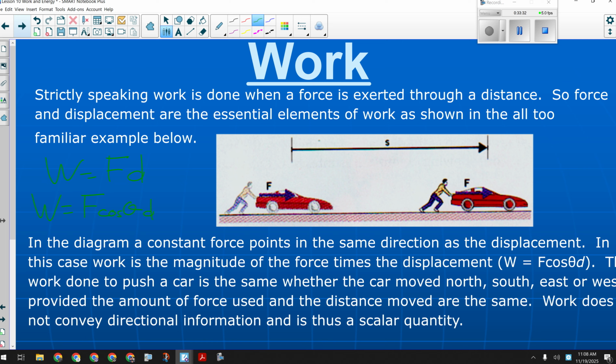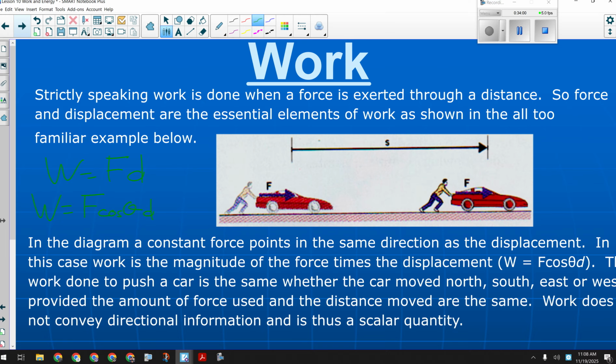You will never put a direction on them, except from the work perspective. Work can be, even though it is scalar, positive or negative. It depends on whether you're doing the work or the work is being done to you. So it's not a matter of direction, it's a matter of gain or loss.